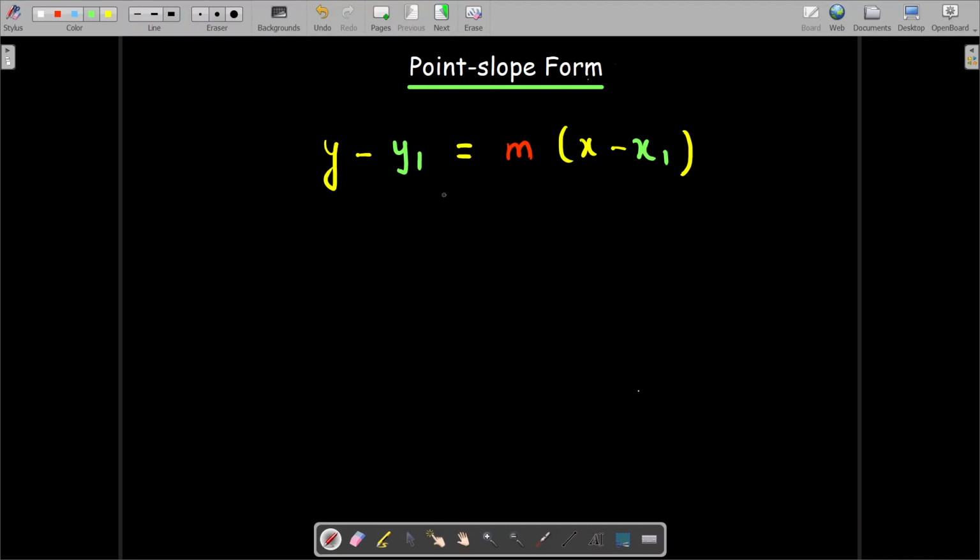In this equation, x1 and y1 is the point on the line. And of course, m is the slope of the line.